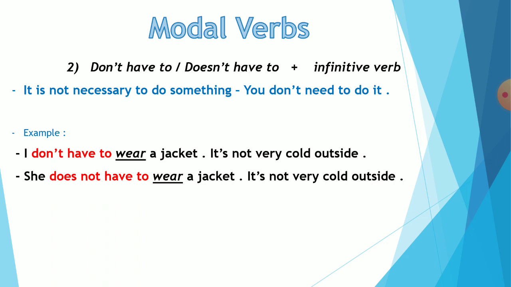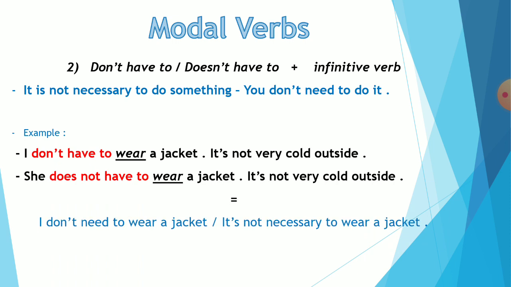Now, in both sentences, we have the meaning that I don't need to wear a jacket, or it is not necessary for me to wear a jacket because it's not cold outside. So both sentences have the meaning that it is not necessary to do something or we don't need to do something.